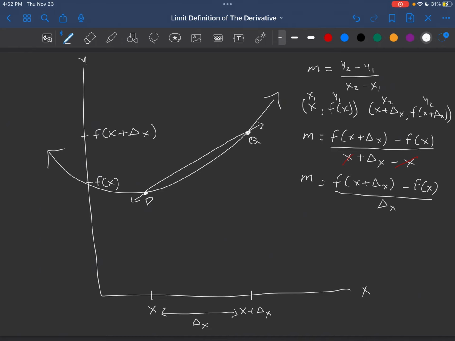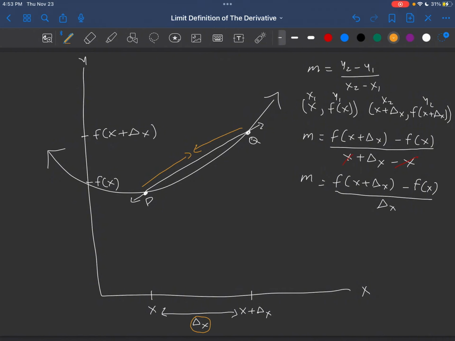So now using this, how could we approximate the tangent line? Specifically, we found the slope of the secant line here, which helps us approximate that secant line. How can we find the slope of the tangent line using this approximator, the slope of this secant line? In order to do that, we need to figure out what will happen when the points P and Q get closer to each other, and how that will impact the distance, specifically the value of delta x, right?